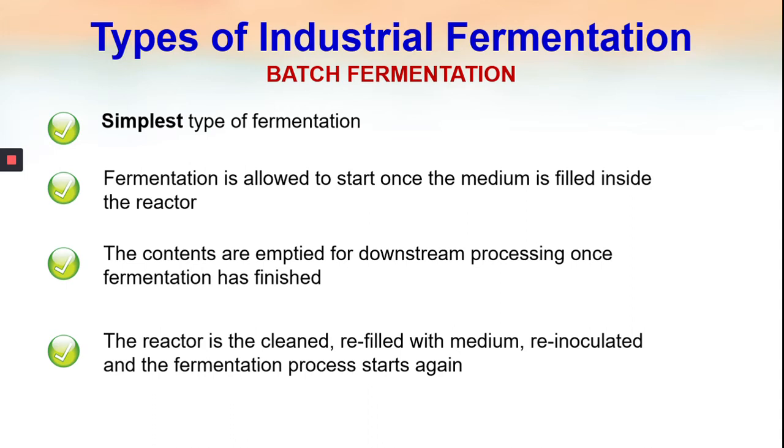Why do we say this is the simplest fermentation? This is because for batch fermentation, we only need to prepare the active pure culture. We need to prepare the formulated medium for the microorganism. We need to sterilize all the equipment required for this fermentation process. When all the processes are completed, we can transfer into the tank and start the fermentation process.